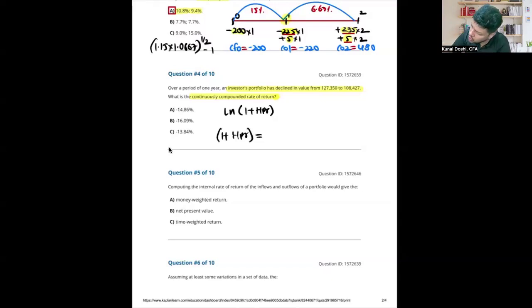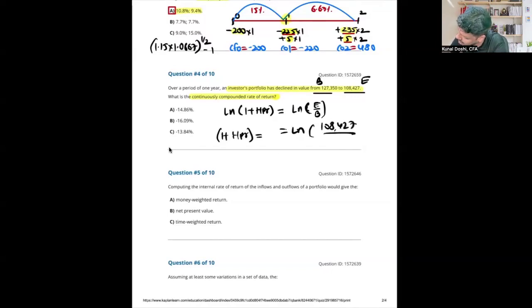So log natural of 1 plus HPR is nothing but log natural of ending over beginning. The ending value is 108,427 and the beginning value is 127,350, so definitely it's a negative return.